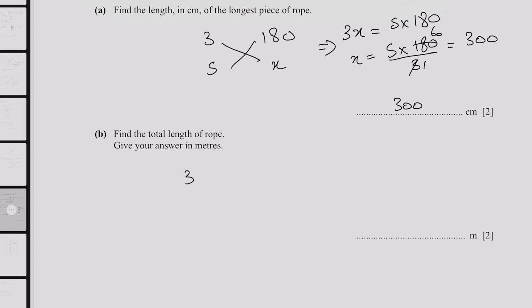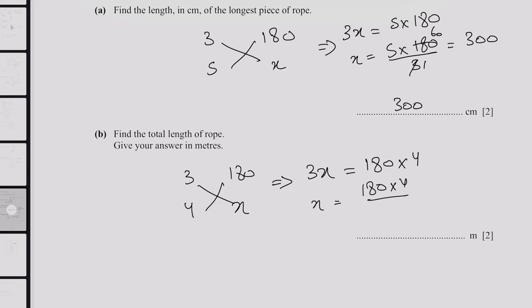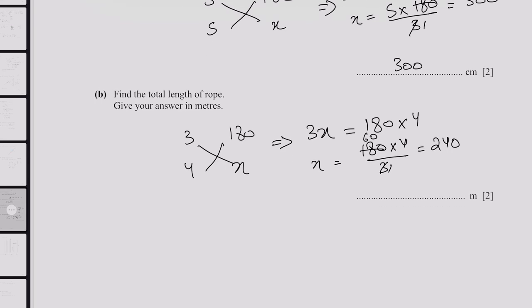So 3 is 180, 4 is x, cross multiply. 3x equals 180 multiplied by 4. x equals 180 multiplied by 4 over 3. 60 times 4 is 240.